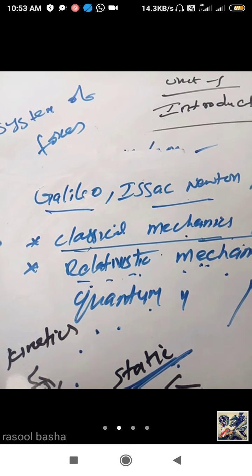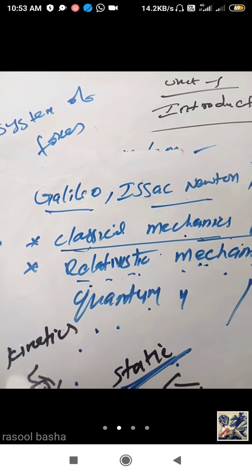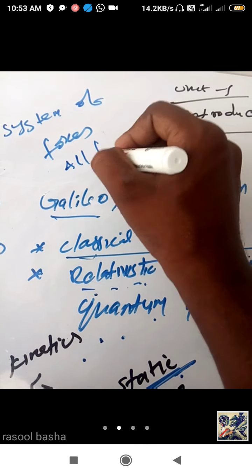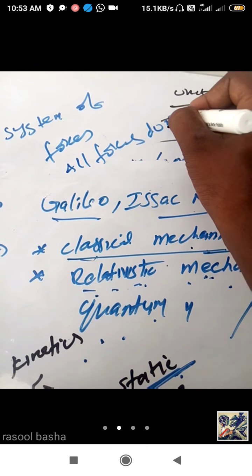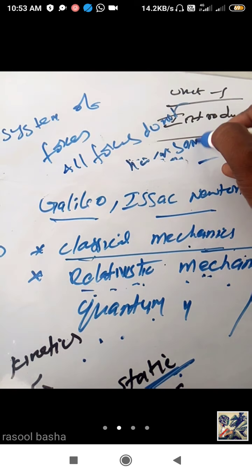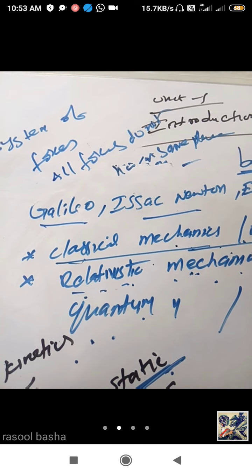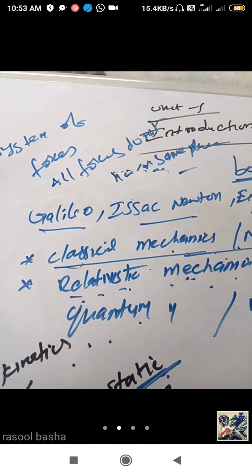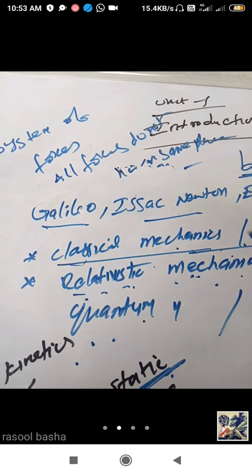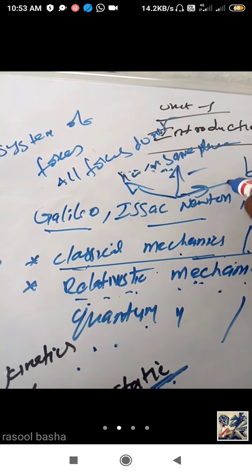If all forces in a system do not lie in a single plane, all forces do not lie in the same plane, there may be changes from plane to plane. Plane is nothing but x-axis, y-axis, z-axis. So these we call planes.